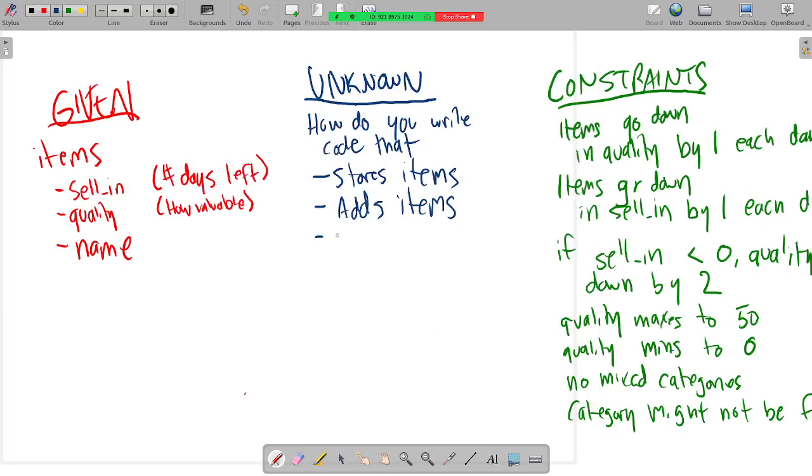So it calculates sell-in and quality based on date.